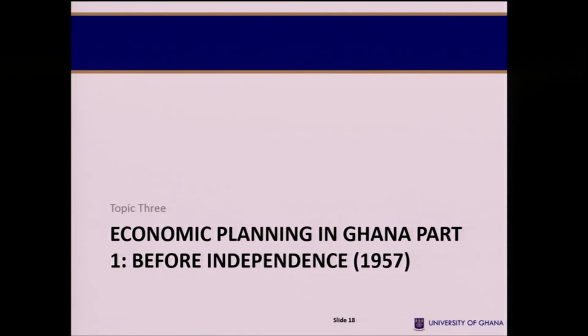Let's have a look at the last bit, and this has to do with economic planning in Ghana. We would break this into two. We would look at before independence and what some of these plans were, and then also after independence.